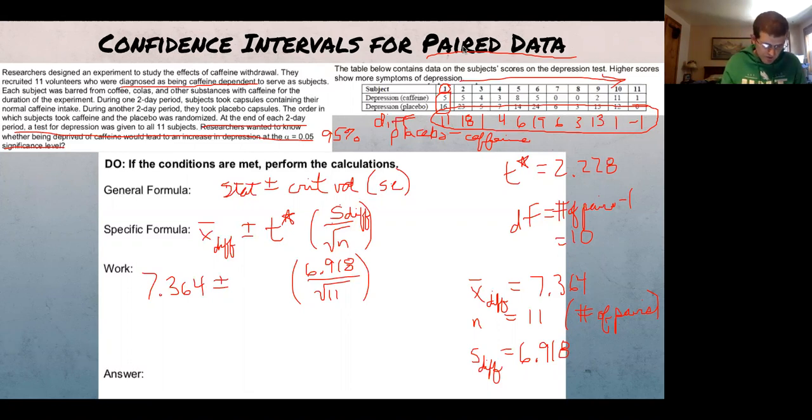So anyways, let me plug it in, 2.228. We've gotten all the values we need. Now it's just straightforward solving. So I will find the margin of error first of all.